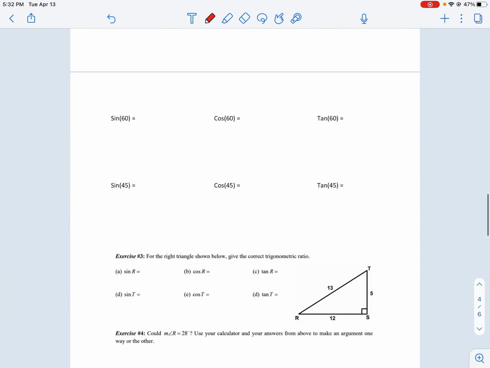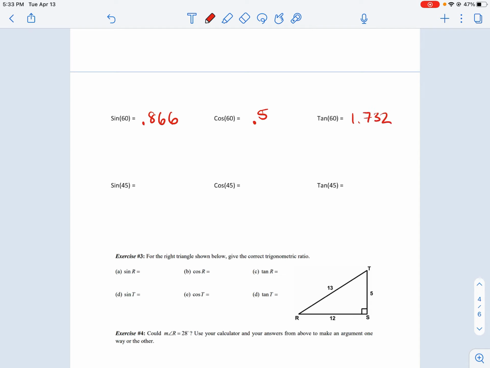So for these ones down here, all they're doing is asking us to find these values. So the sine of 60 is 0.866, cosine of 60, 0.5, and the tangent of 60 is 1.732.